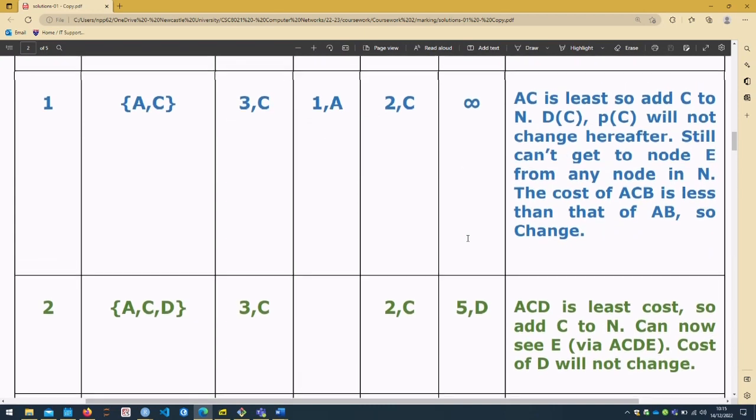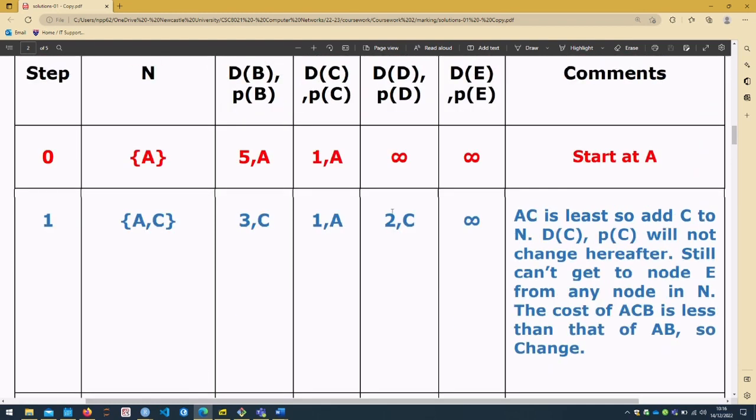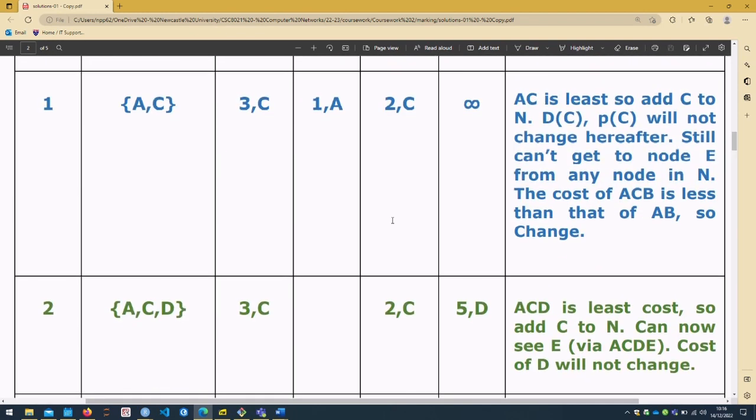Now from C we move on to D because it has the least cost in this row, and we add D to our set of nodes. This is kept the same, and this is kept the same as well.